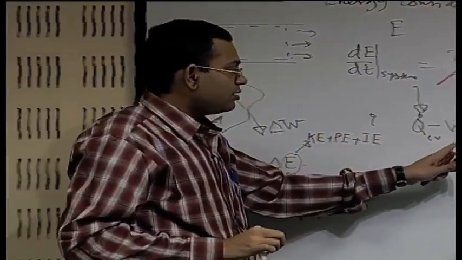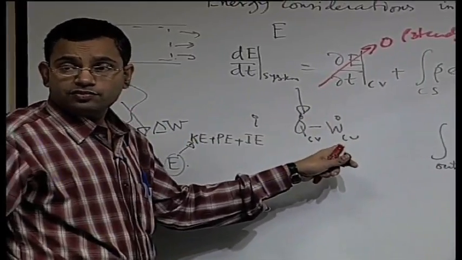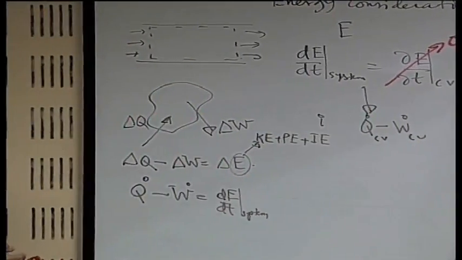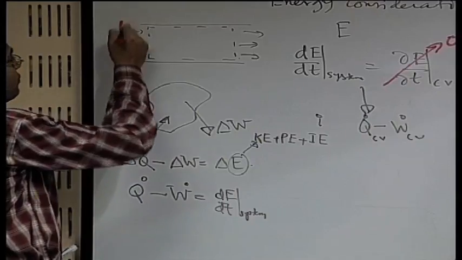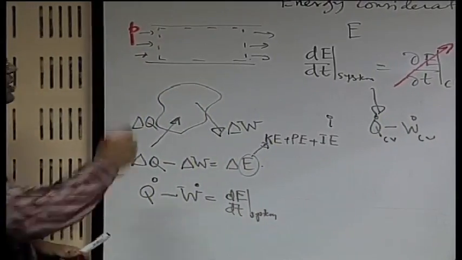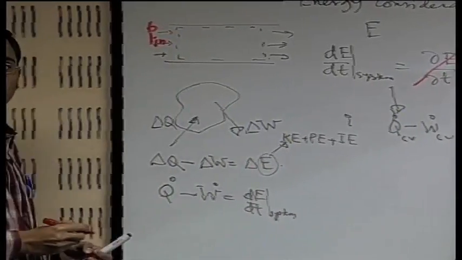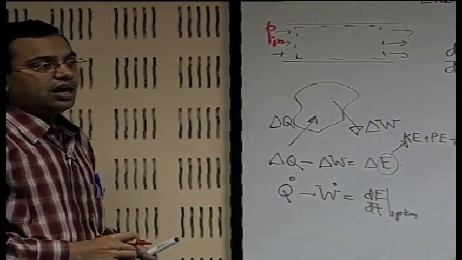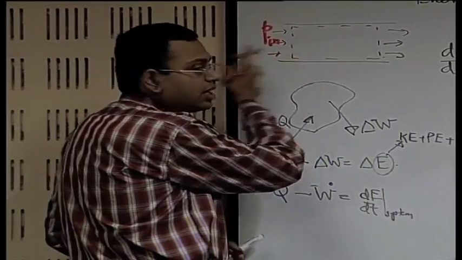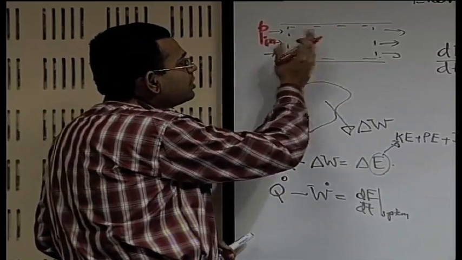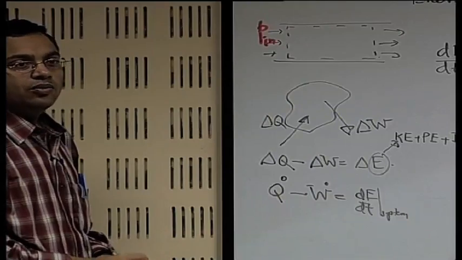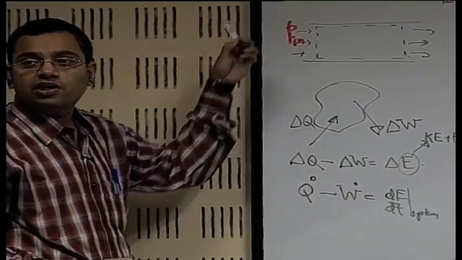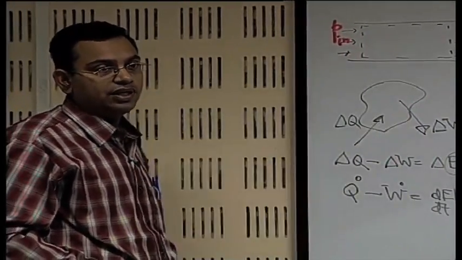Now if you concentrate on the work done, what is the work done here by the fluid in the control volume? First of all, let us consider the inflow: the fluid is entering with a pressure P. So it is putting some energy into the control volume as it displaces some fluid and enters it. What is the corresponding work done? We have related this with the flow energy or flow work, so that same work we are referring to here.